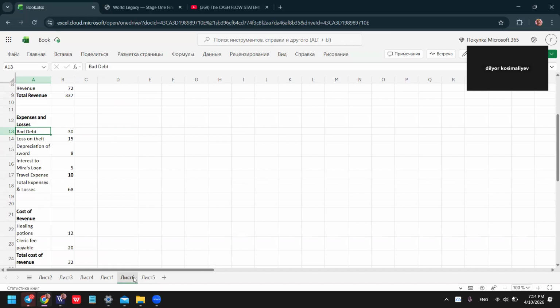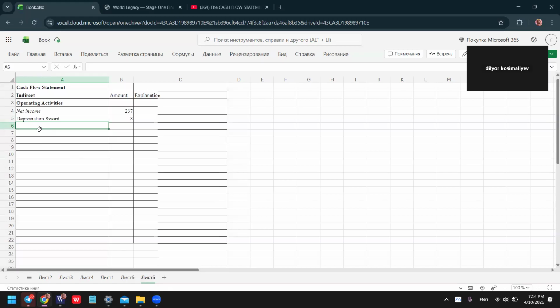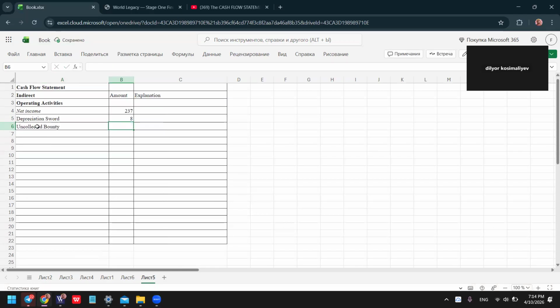The effort was there, but no result. But in cash accounts, we don't care. There was no cash transaction, and we didn't lose cash. So bad debt, we can say uncollected bounty, is 30. We add it back.